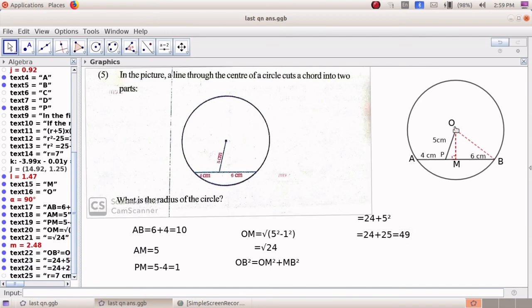Now, OB is the radius. Therefore, OB square is 49. Therefore, OB or radius will be root 49, which is equal to 7 centimeter. In this way also, we have determined the radius of the circle. You can accept any one of these two methods and write it down. If you accept this one, draw such a figure there, then explain these things in your notebook.